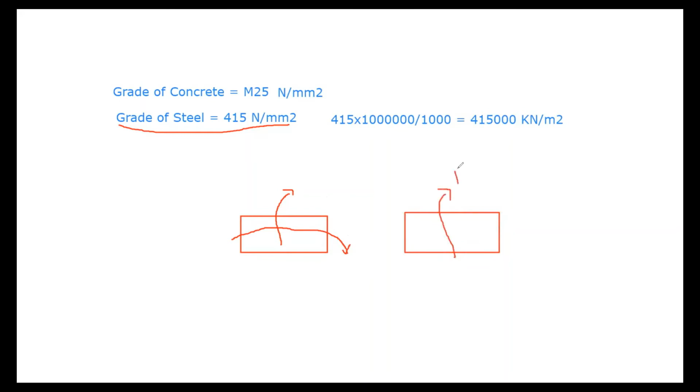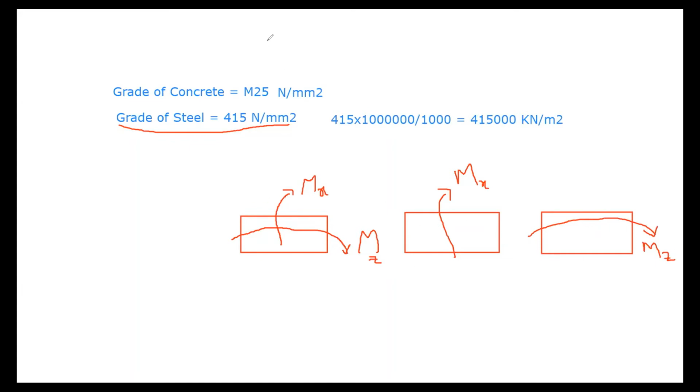This is biaxial. You have Mx and also Mz. So here uniaxial means we are having only Mx. Or sometimes uniaxial means only Mz will be there, like this. Only on this side the bending will be there. This is Mz. This is uniaxial. So this is the biaxial moment.